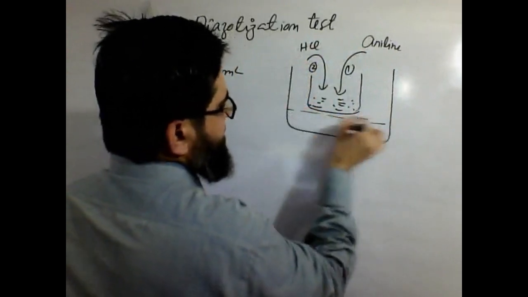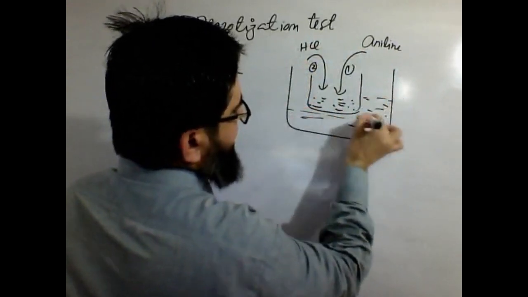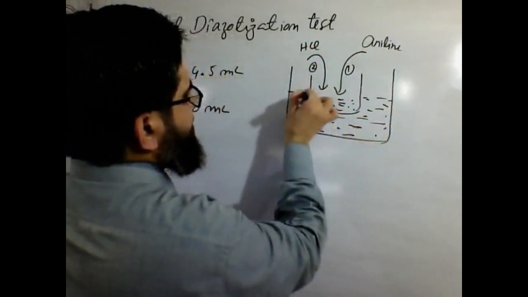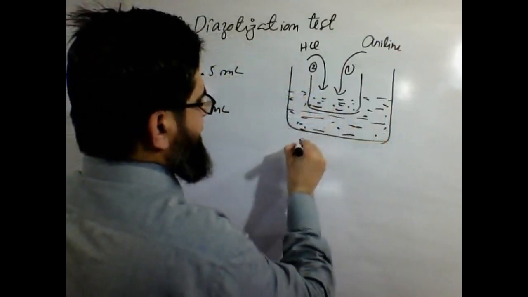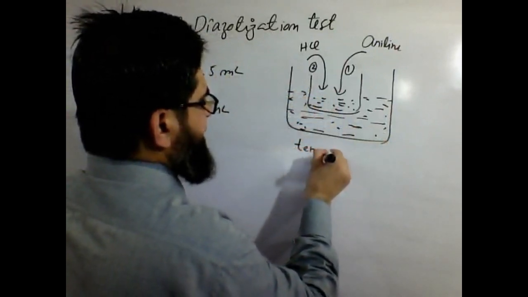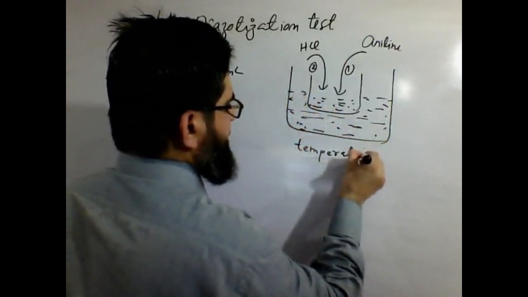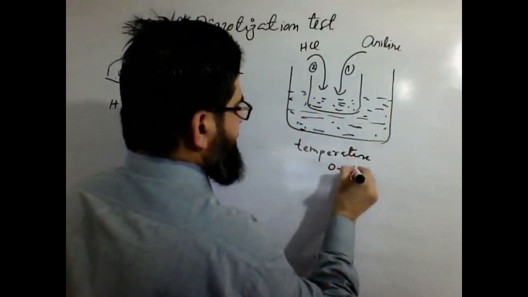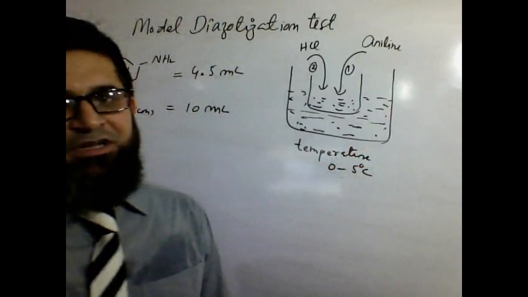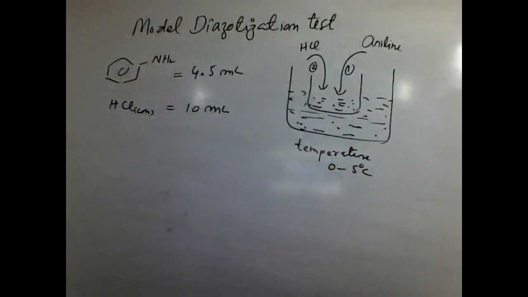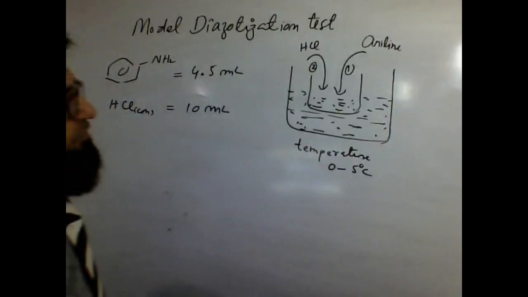We put this in another beaker which carries ice, because we want to keep the temperature. That is very important. The temperature is supposed to be 0 to 5 degrees, less than 5 degrees. So we put this in the ice jacket and let it stir for a while.